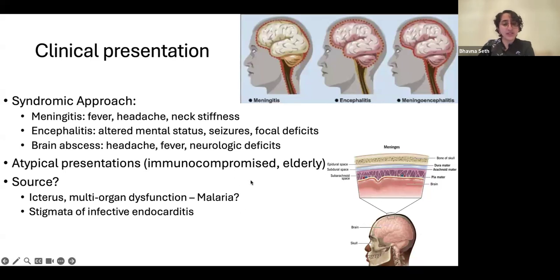But like a lot of things in our approach to infections and, for instance, sepsis, the main key is to find where the source of the infection is and what type of infection it is. If you see stigmata of infective endocarditis on your exam, then treatment should be targeted towards that. If you see other signs of organ dysfunction, which may be suggestive of malaria, one can focus their treatments towards that.